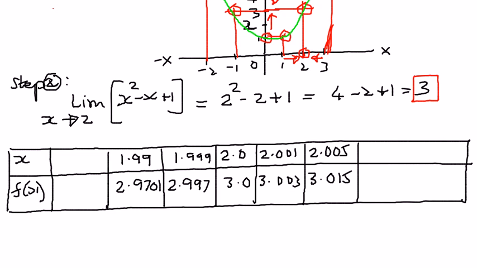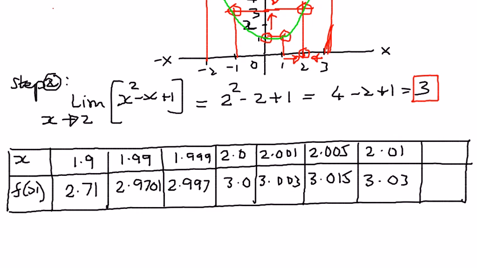Let's pick one other point. If I pick 1.9 on the left hand side of 2, then the corresponding value of the function is going to be 2.71. And on the right hand side, if I pick 2.01, the corresponding value of the function is going to be 3.03, like that. We can pick more points, but we get an idea now.